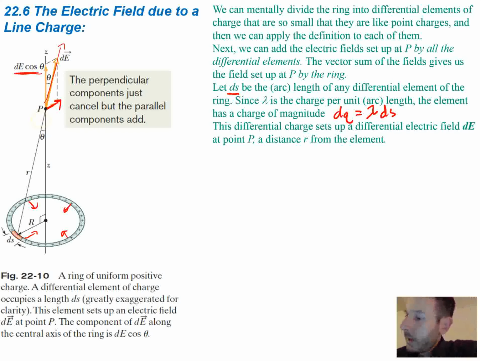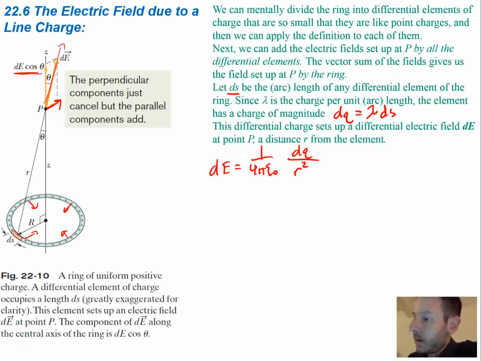All right, let's first start with our equation for an electric field. If we had just part of the electric field, we could call that dE, and that would be 1 over 4 pi epsilon naught, and instead of q, we'll just use dq, because it's just a differential element of charge, over r squared.